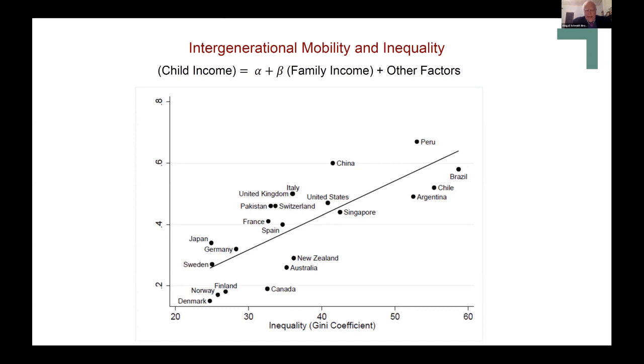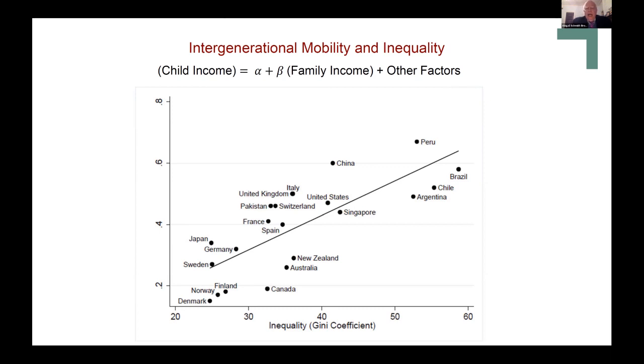It's plotting the income of the child and relating that to the income of the family. And that's the coefficient beta. That's plotted on the y-axis. On the x-axis, you're going to see the inequality of family income. And this relationship across countries shows how social immobility, as measured by beta, is related to the level of inequality in the country.